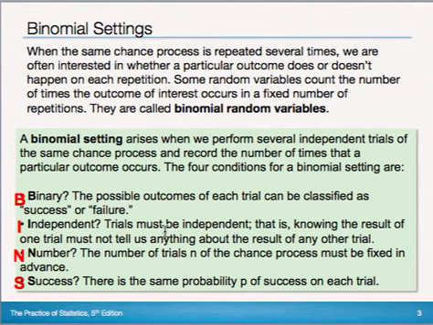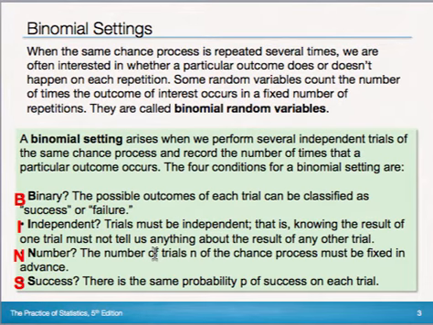It also must be true that the trials are independent. In other words, when one event occurs, it doesn't have any impact on the probability of subsequent events. So for example, drawing cards out of a deck and calculating the probability that you'll get an ace, that's not binary or binomial because the probability is changing.